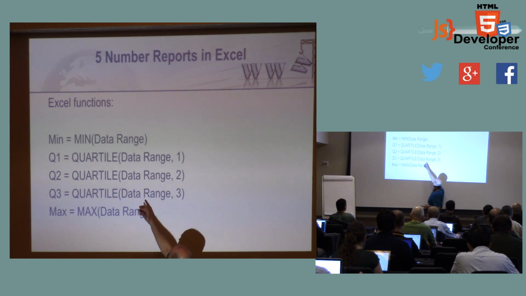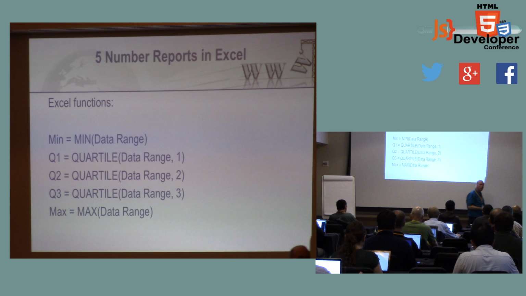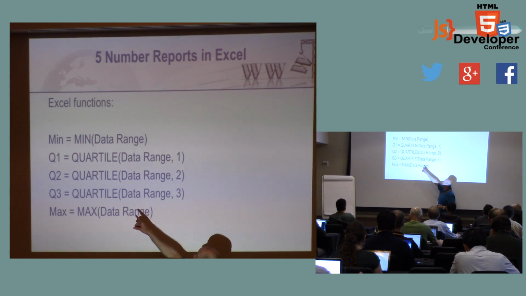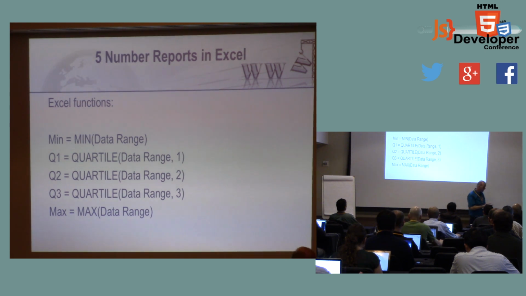So quartile number 2, what is that? That's just the median, right? Remember our 5-number report: minimum, first quartile, median, third quartile, and max. So there's our 5-number report.